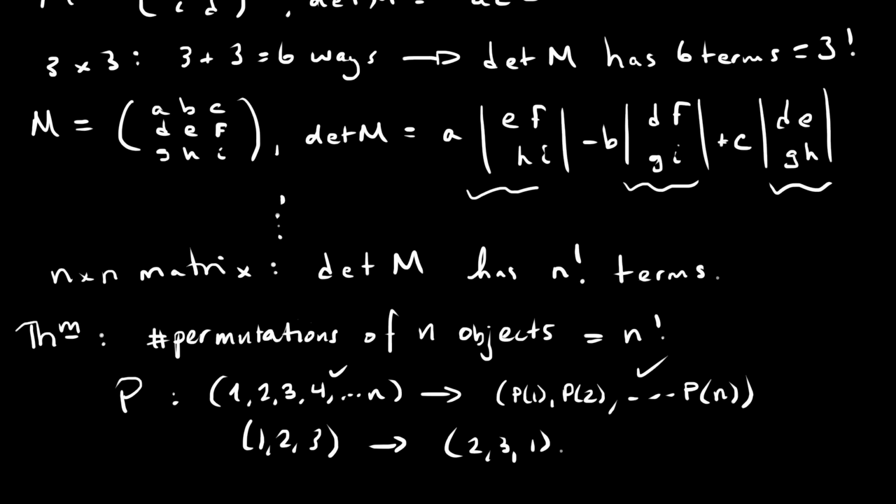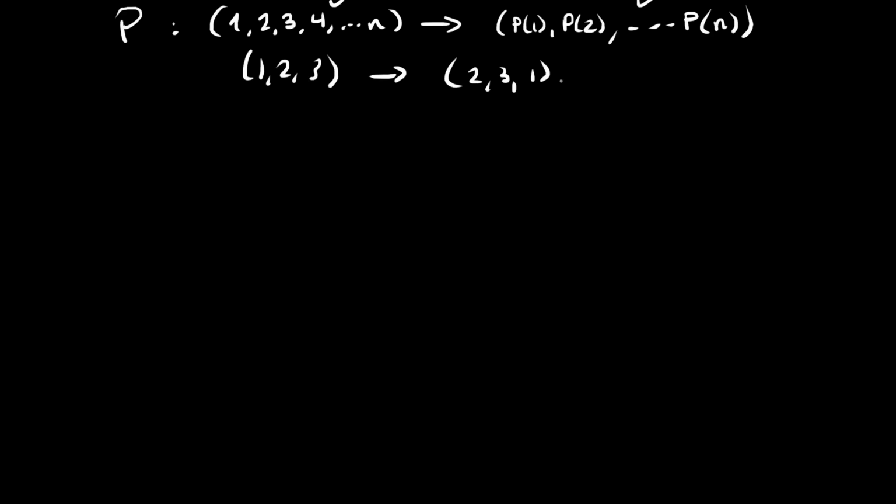So, why am I talking about this stupid probability theory? Well, since the determinant of m has n factorial terms, we can speculate that the determinant of m is a sum over permutations. Is it true? Is it not true? We're about to find out.